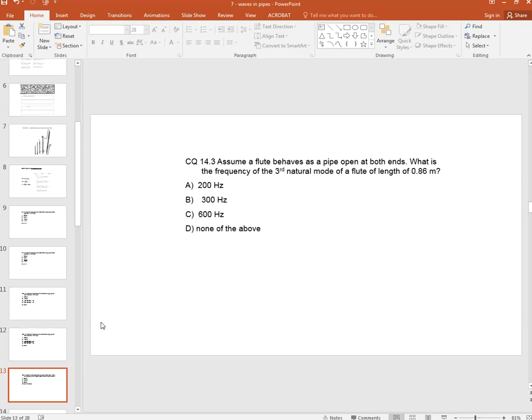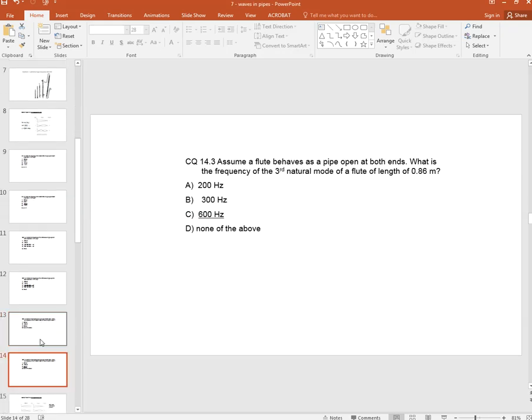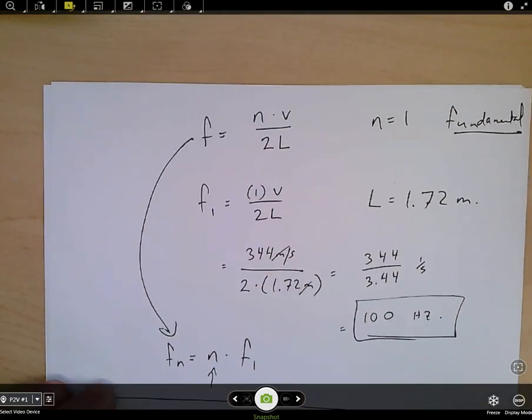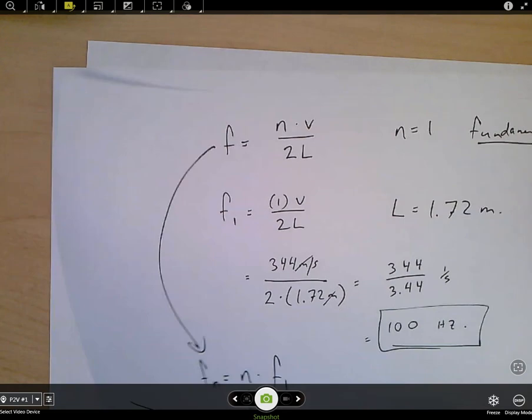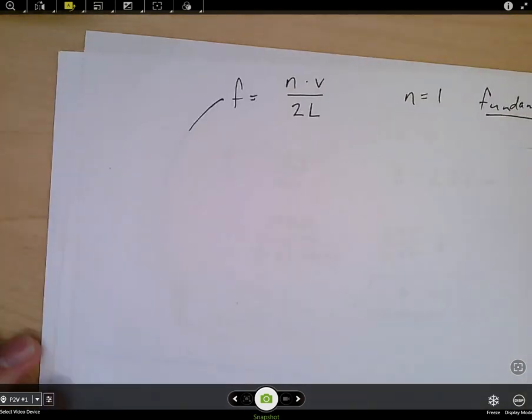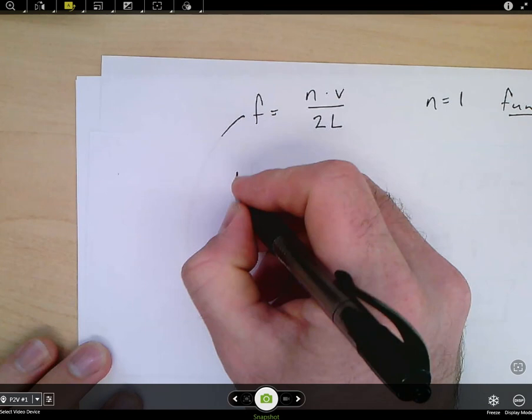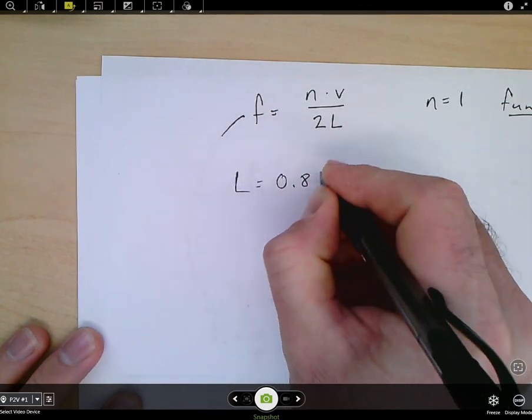Okay, so we're back. Hopefully, you've gotten that this one is 600 hertz. So let's take a look and try to figure out why that is actually the case. So again, I'm going to be working from this equation here. In fact, what I'll just do is make another piece of paper here. So here's the equation that we're working from. Our length in this case is 0.86 meters.